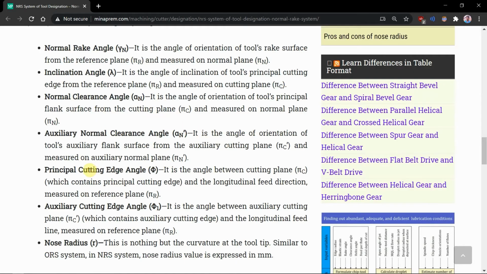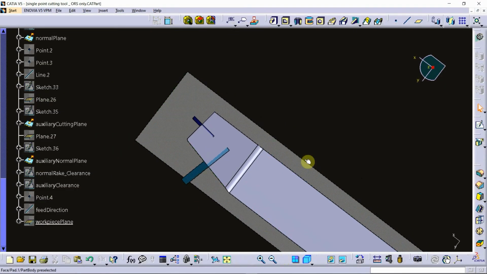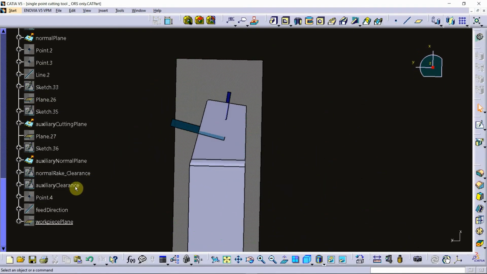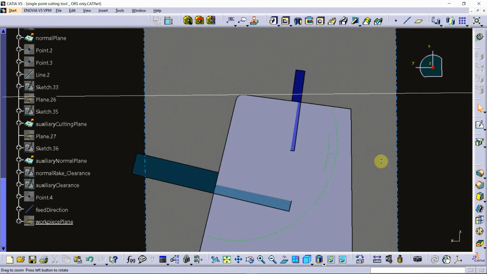The next angle is the principal cutting edge angle, and it is the angle between the cutting plane and the longitudinal feed direction. The principal cutting edge angle is measured on the reference plane. So let's look straight on the reference plane, and this line right here is the assumed feed direction.